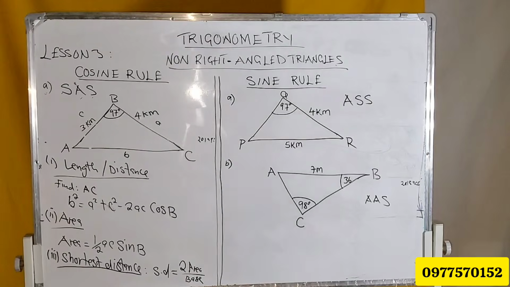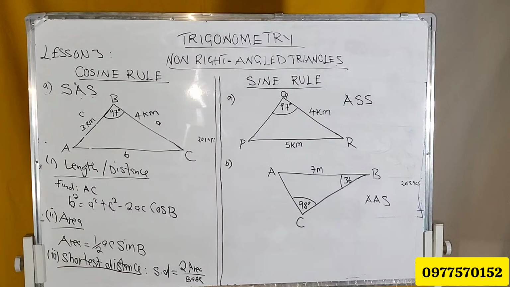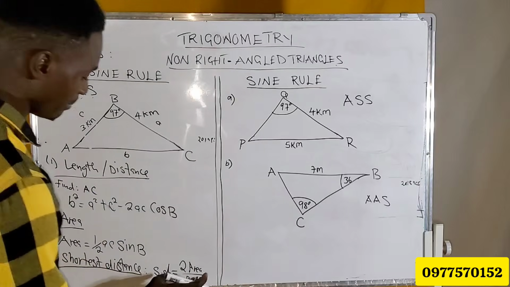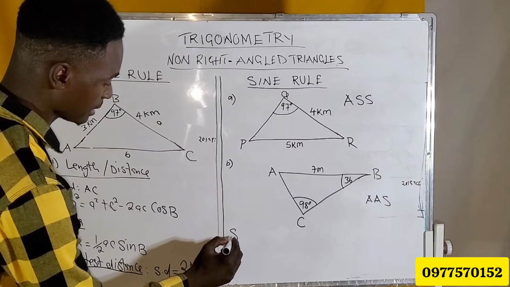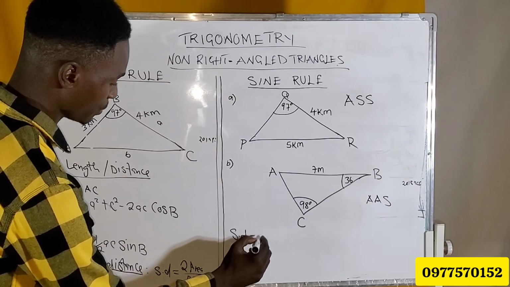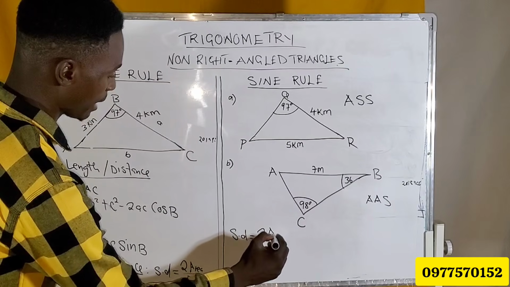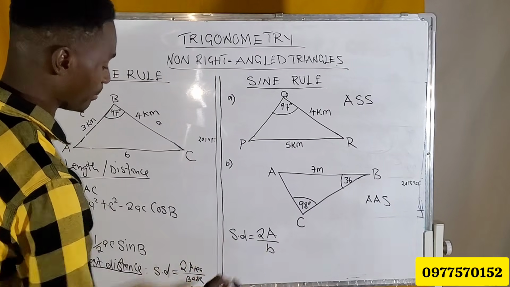Okay? Over base. So, this one can be written as SD is equal to 2A over small letter b.